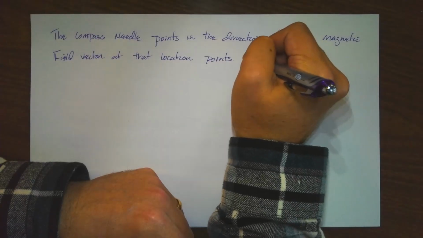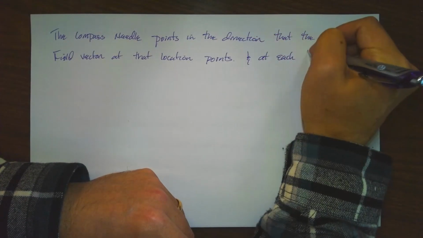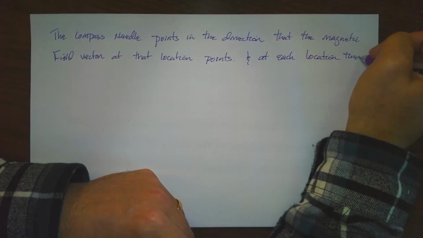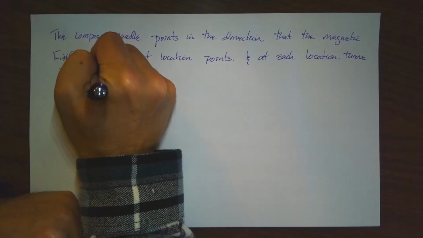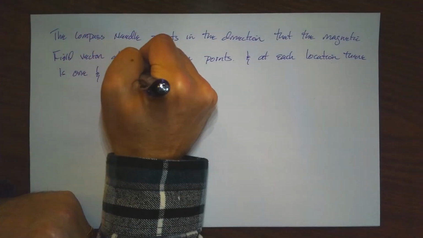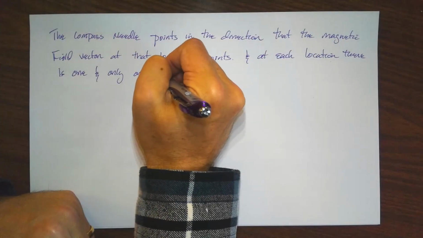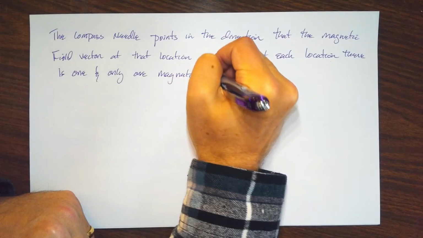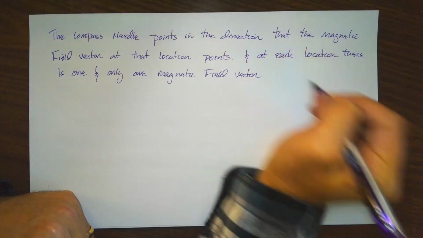And what we get is that there's one and only one magnetic field vector.